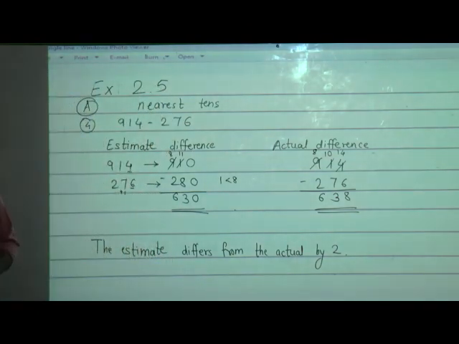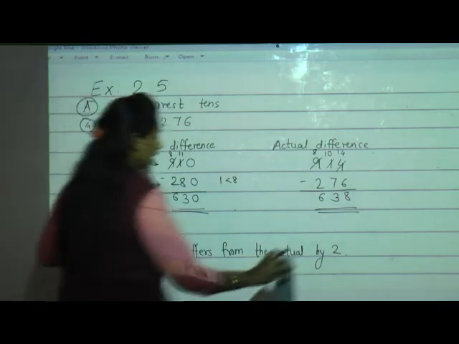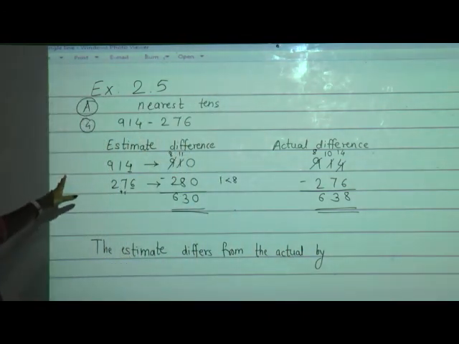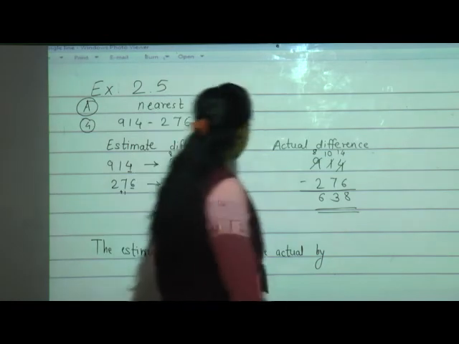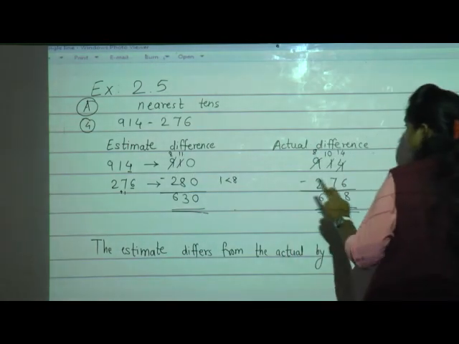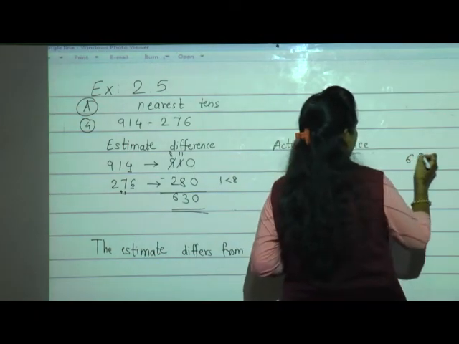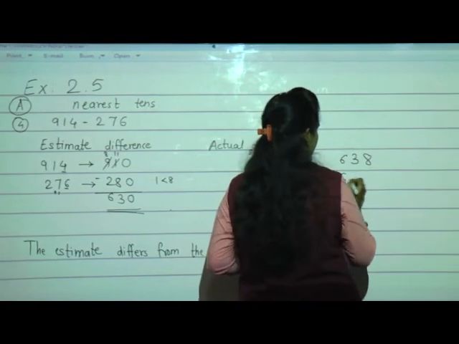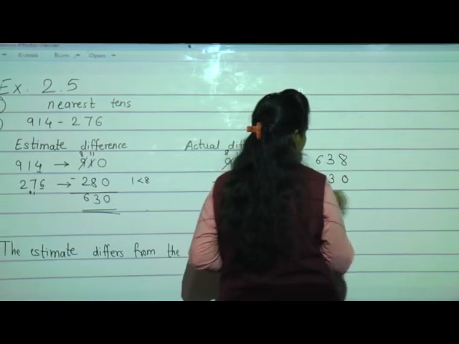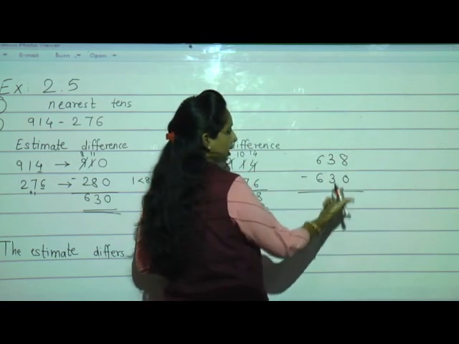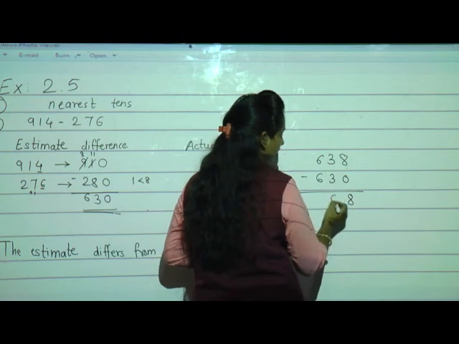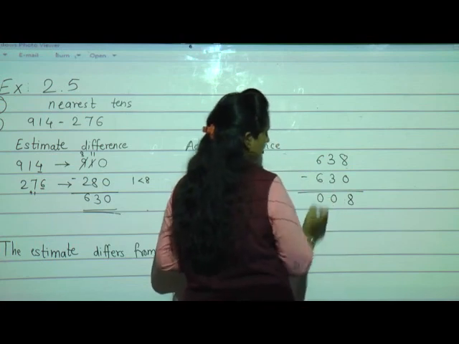Yes or no? Now we have to find out how much difference is there between these two, estimate and actual. So what we have to do? We have to subtract the smaller from the greater. Which is greater? 638 and 630 we have to subtract. When we do subtraction, 8 minus 0, 8. 3 minus 3, 0. 6 minus 6, 0.